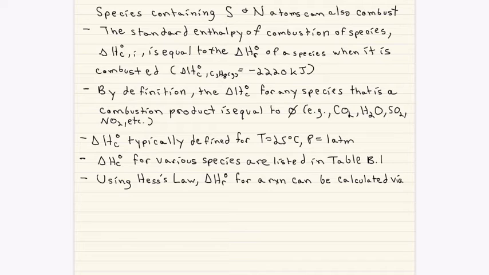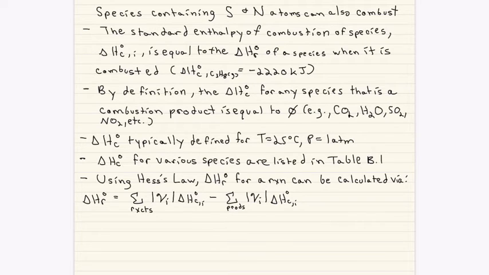So what we have is our standard enthalpy of reaction, delta HR, degree, and that's going to be equal to the sum of the reactants, and so we're taking the stoichiometric coefficient in some reaction times its enthalpy of combustion. And what we're subtracting off is the products. We're once again taking the stoichiometric coefficient and multiplying it by the enthalpy of combustion.